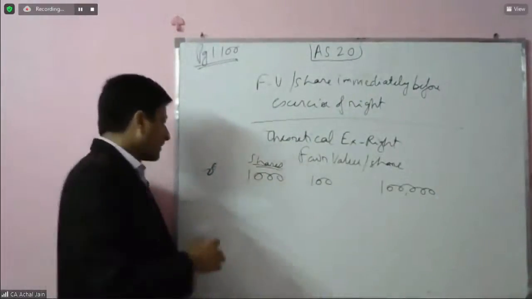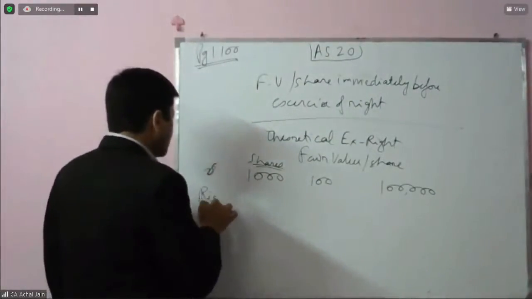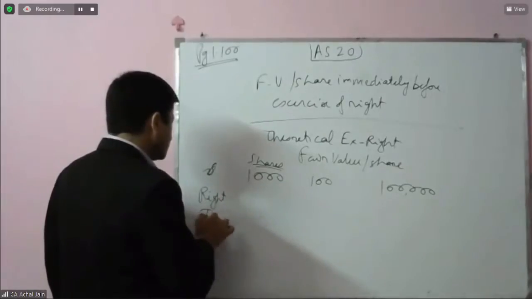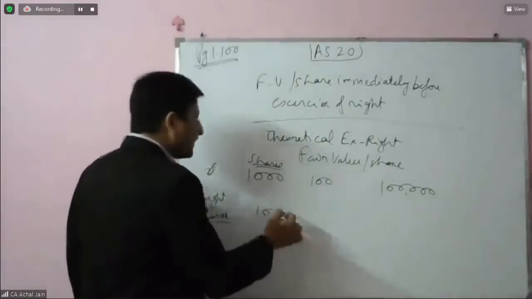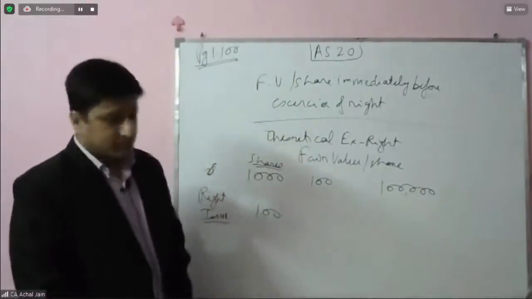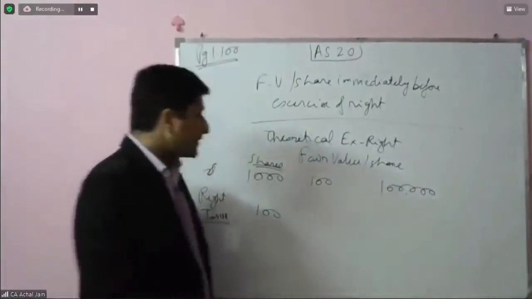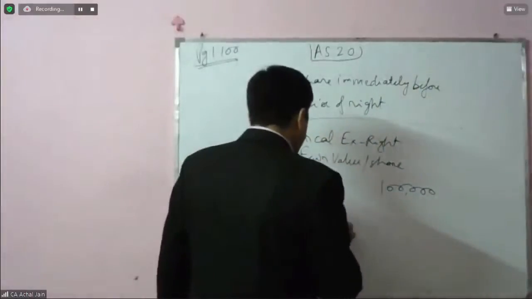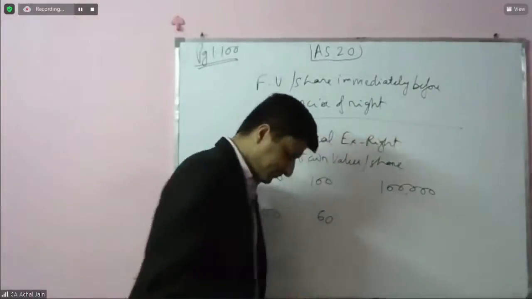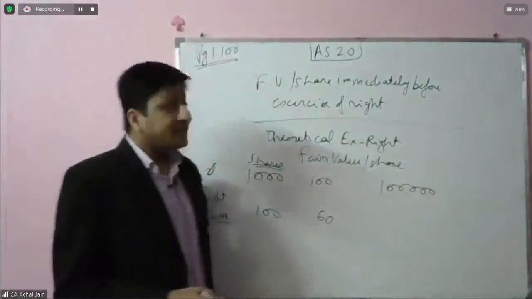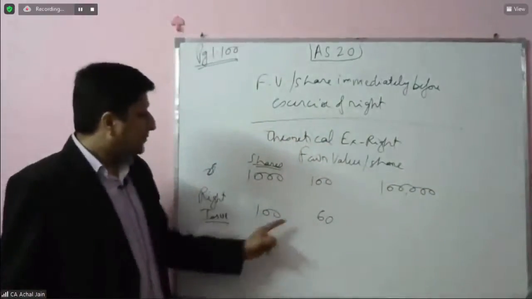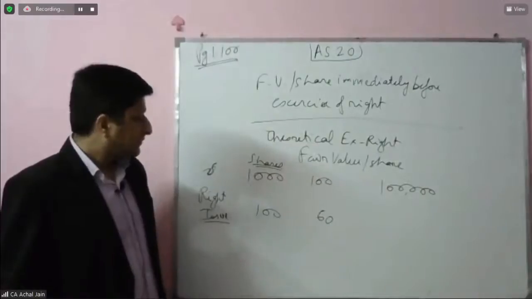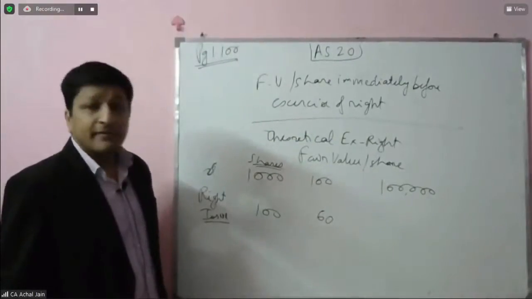Let's suppose the right issue has come, and in the right issue 100 shares were issued at the rate of rupees 60 per share. Now what will be the value?